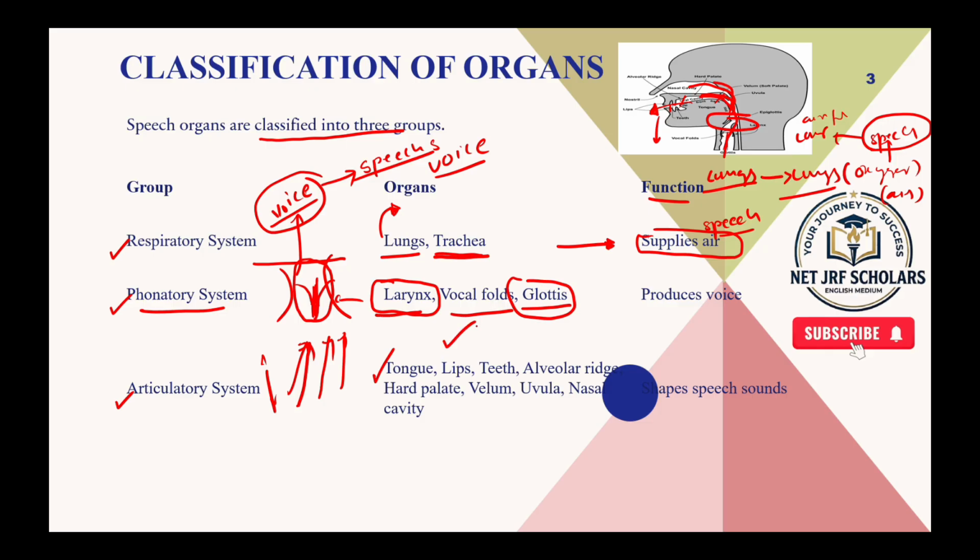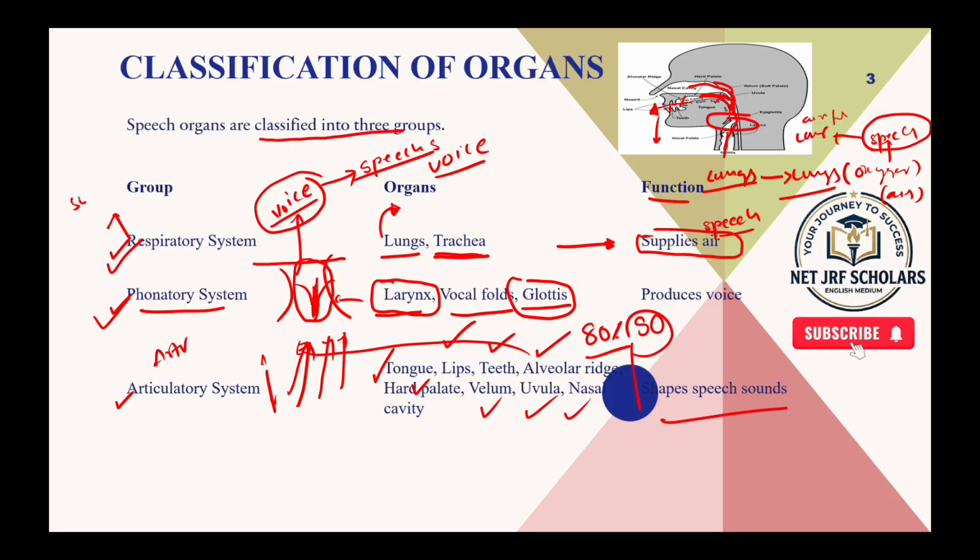It includes tongue, lips, teeth, alveolar ridge, hard palate, velum, uvula, nasal cavity, which shape the speech sounds. Almost 80% of the speech organs belong to the articulatory system. The respiratory system is the source of the air, the phonatory system is the voice source, and the modification takes place in the articulatory system.